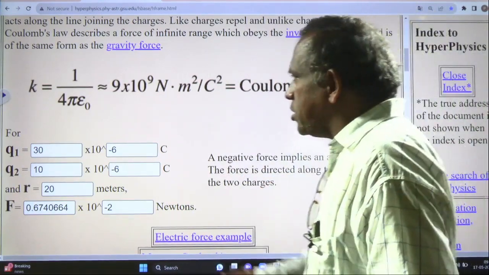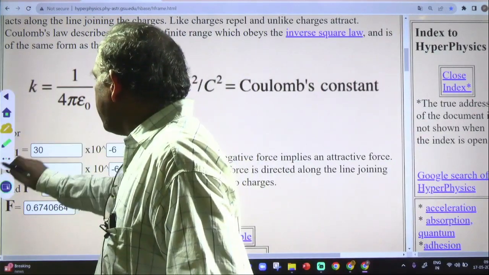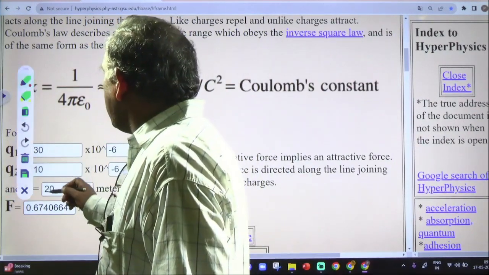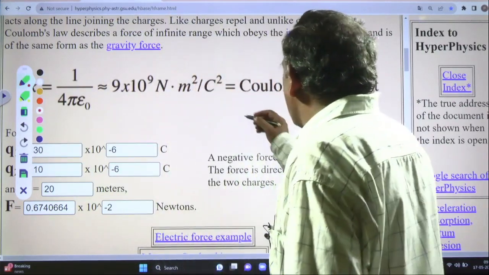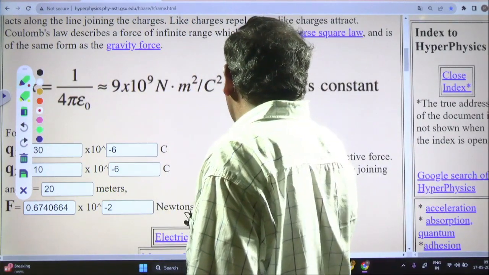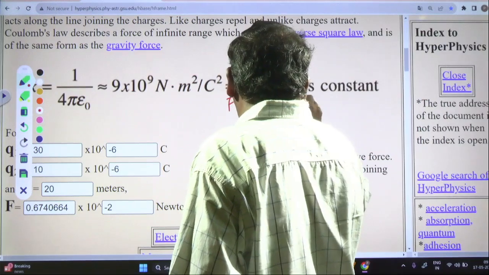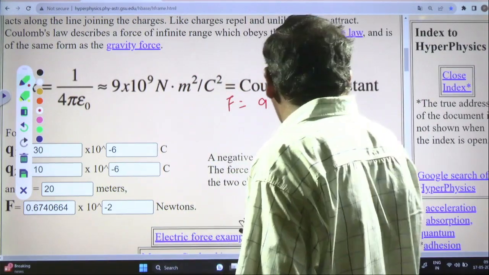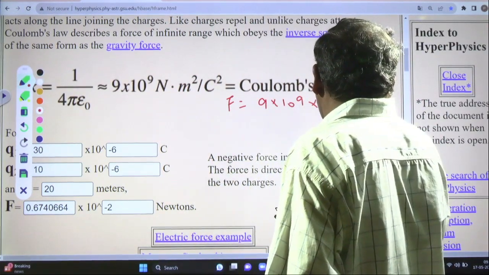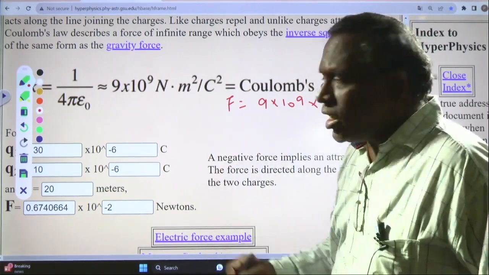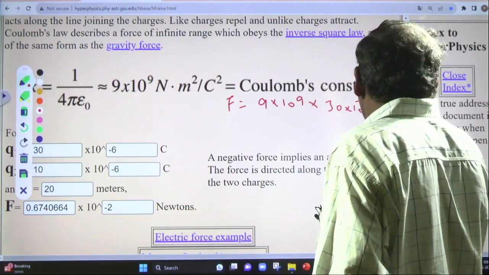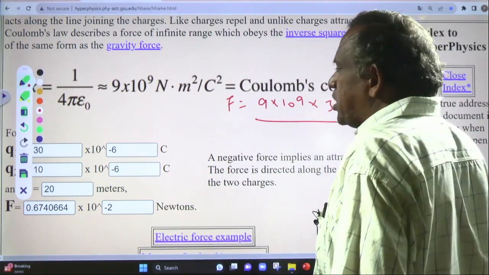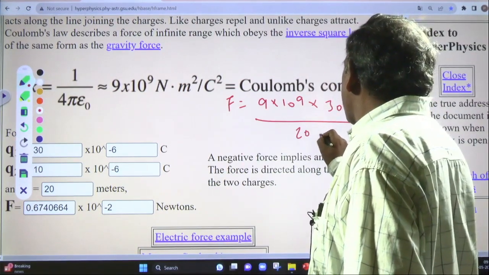How did you get this? We will calculate according to the formula, just to prove it. F equals 9 into 10 power 9, that is K, into Q1, whose value is 30 into 10 power minus 6, and Q2 is 10 into 10 power minus 6, upon the distance 20 square, 20 into 20.